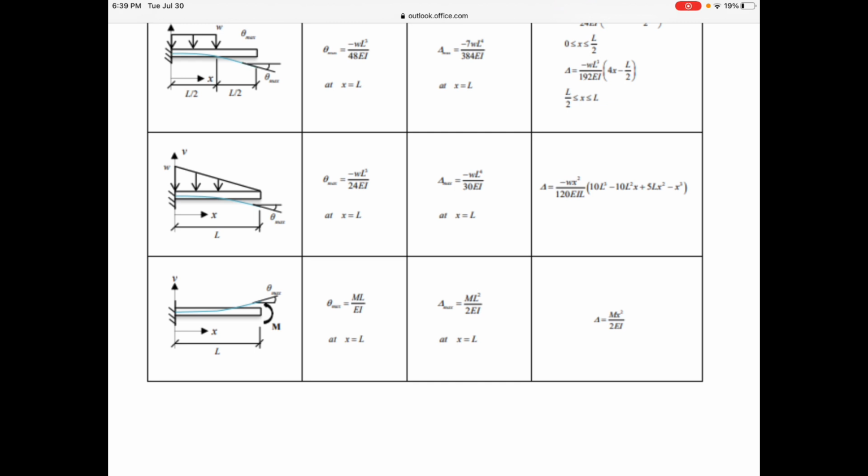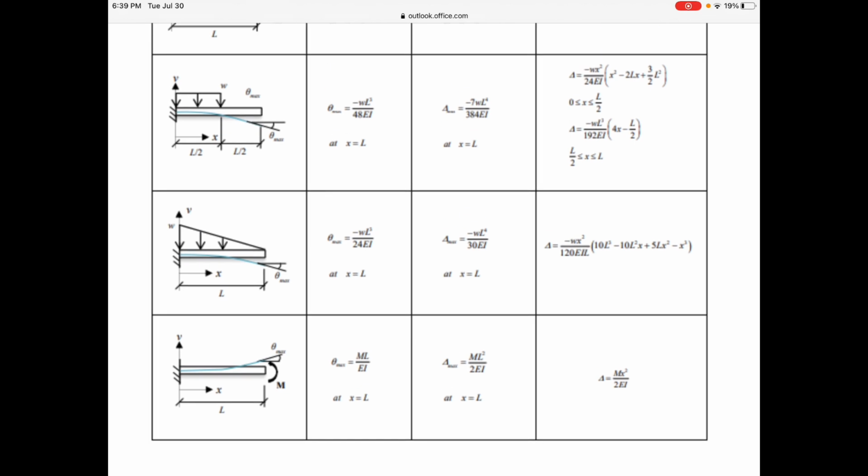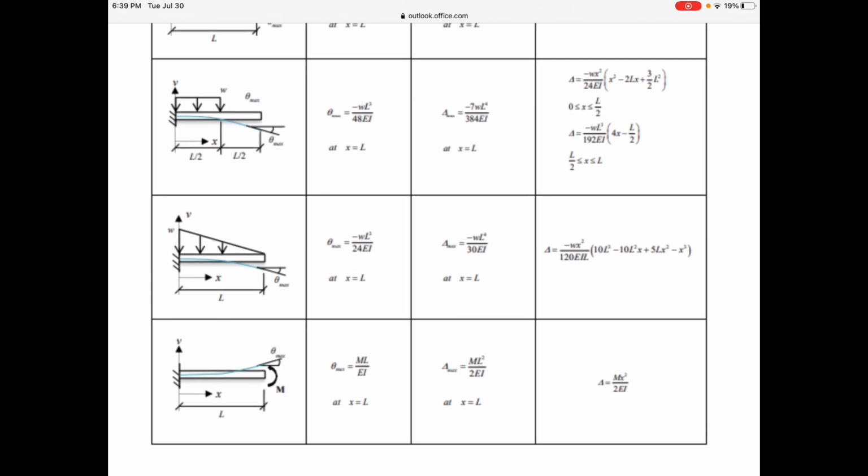Well, most mechanics of materials and structural analysis textbooks have tables like this somewhere in the book. Depending on the textbook or its author, you'll find either these exact same formulas or some slightly different algebraic expression of them.